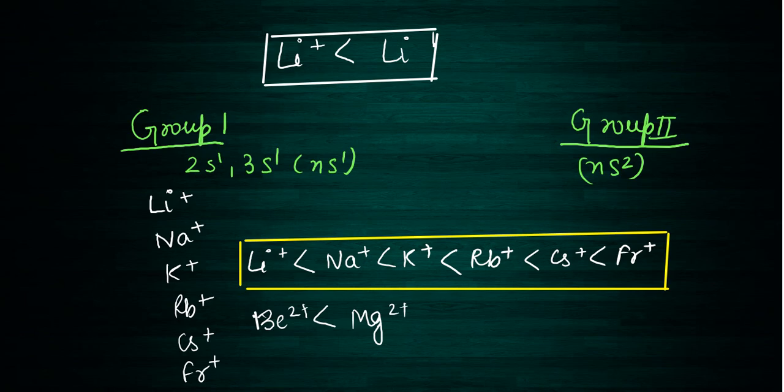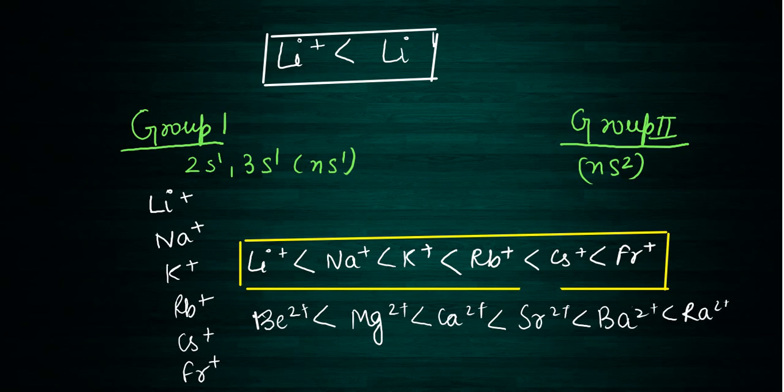Similarly, magnesium 2 positive, calcium 2 positive, strontium 2 positive, barium 2 positive, and radium 2 positive. Hence, the order comes out to be the same as that of their parent atoms.